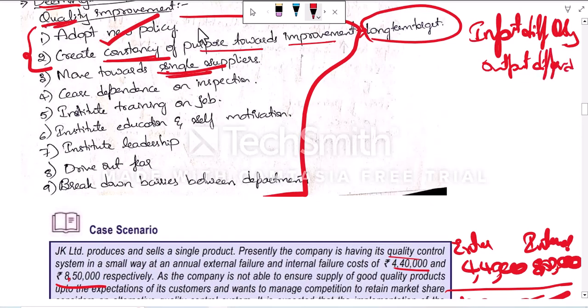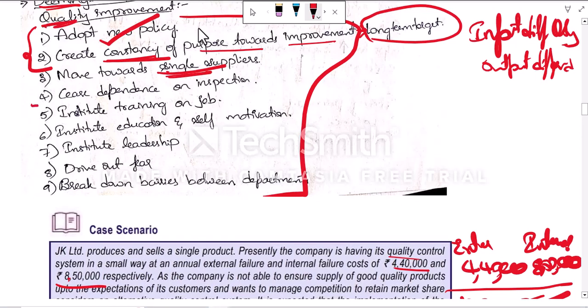Okay, in order to change that, we have to select a single supplier, but care should be taken that the supplier is very reliable and trustworthy, because we are depending on them for the entire input. If he does not respond properly when we want, it is just a waste to adopt all these policies. So care should be taken that he is a reliable person.